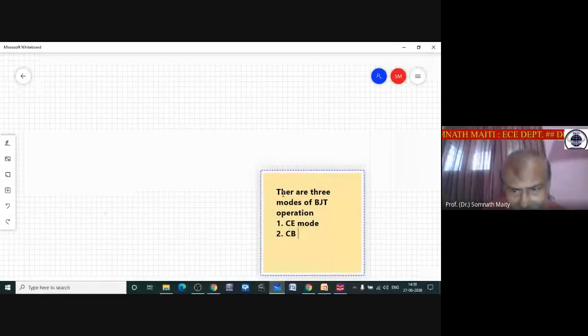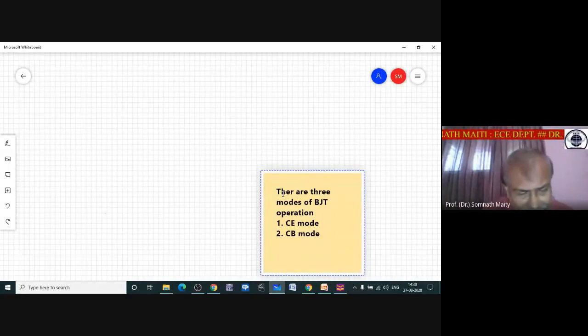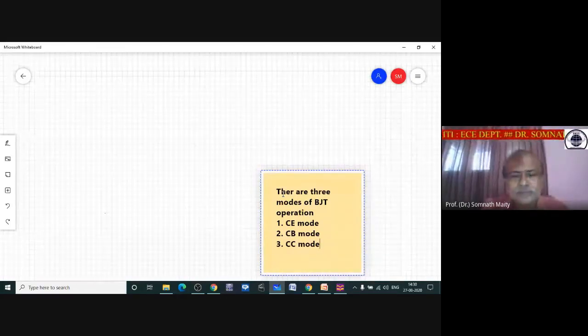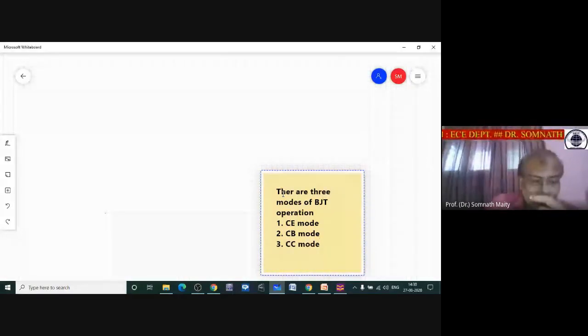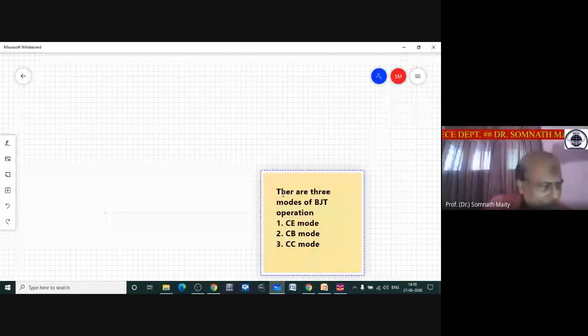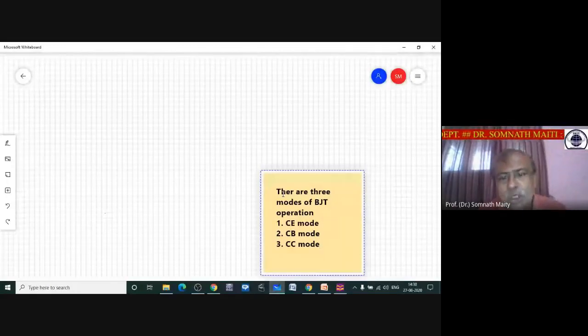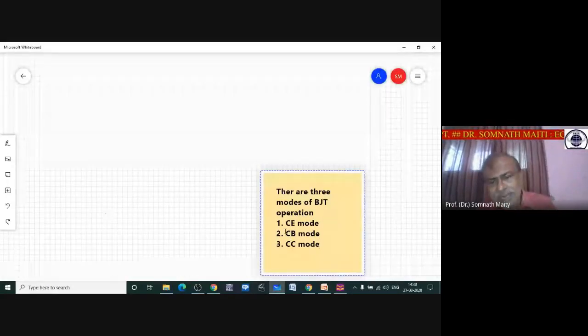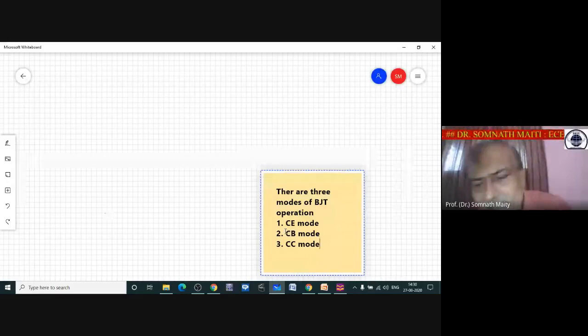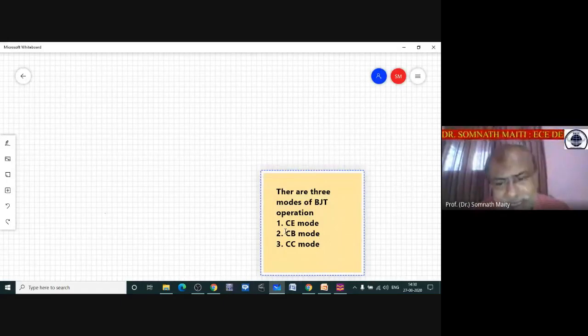Number three is CC mode. CE stands for common emitter mode, CB stands for common base mode, and CC stands for common collector mode.